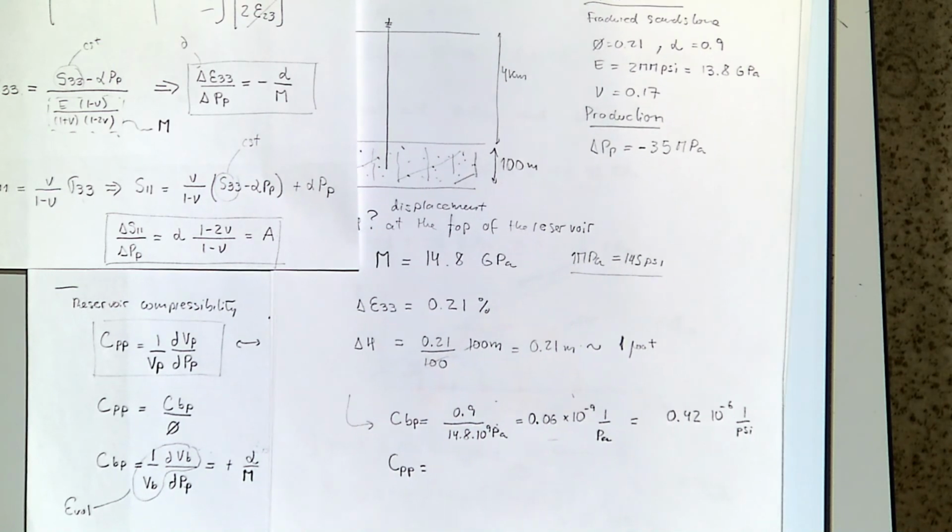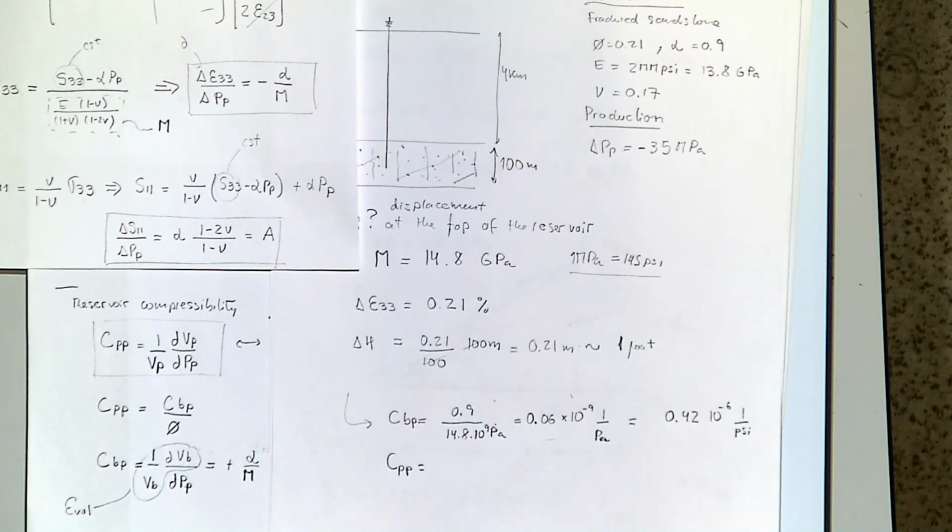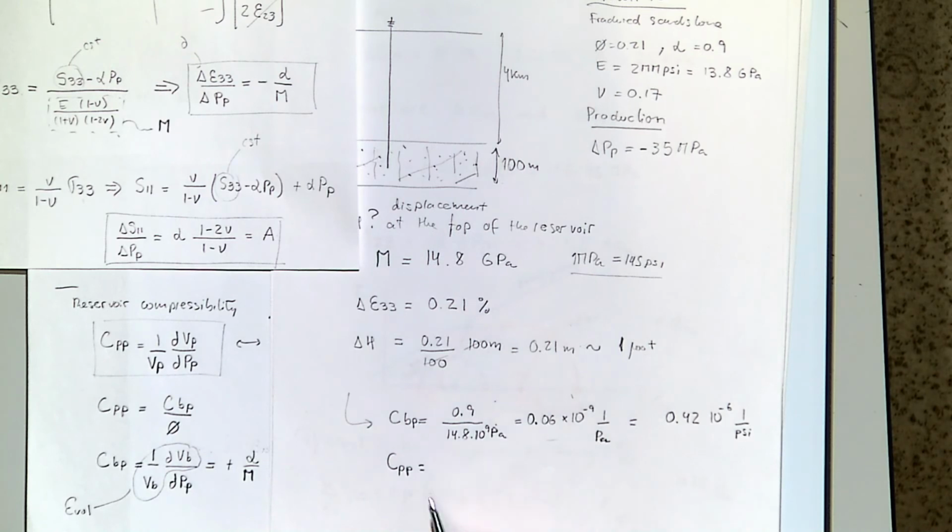Okay, and then let's work in PSI, because these compressibility values are mostly expressed in terms of PSI. What is going to be CPP then?